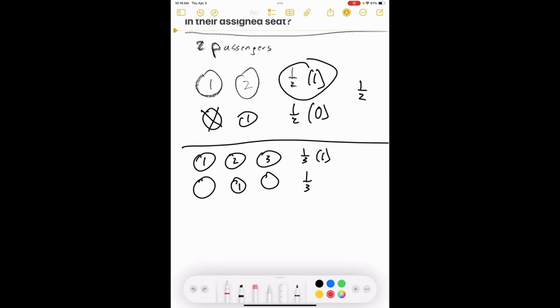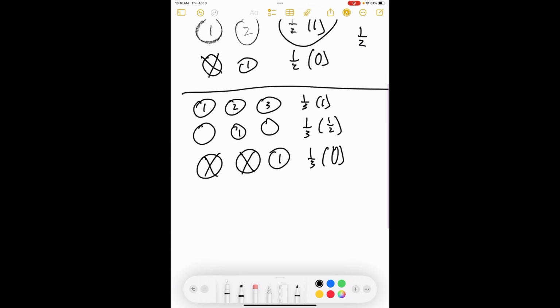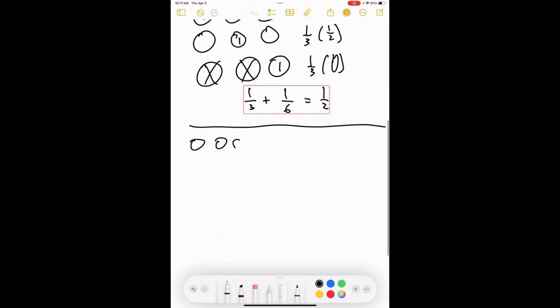And we know that the probability in the 2-passenger scenario that the last guy gets his own seat is 1/2. Or the first guy could sit in the last seat with probability 1/3, and there's no way that the last guy gets his own seat, so that's a 0. So here we've ended up with 1/3 plus 1/6 from this, which equals 1/2.